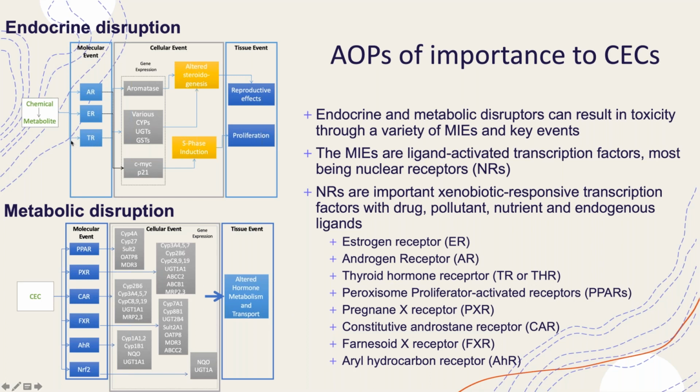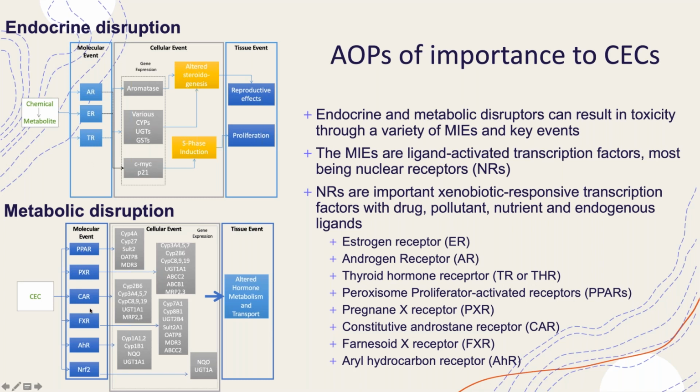So the chemical interacts with these molecular initiating events for both endocrine disruption and metabolic disruption. These lead to altered cellular events, such as changes in gene expression, which result in altered cellular states. For endocrine disruption, we have interactions with receptors such as the androgen receptor, estrogen receptor, thyroid hormone receptor.